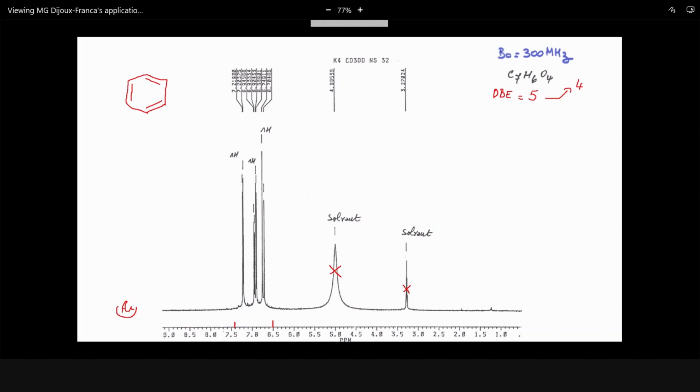The cycle and the 3 double bonds. So that means that in the structure, we need another chemical group with one more double bond. Okay for everyone?